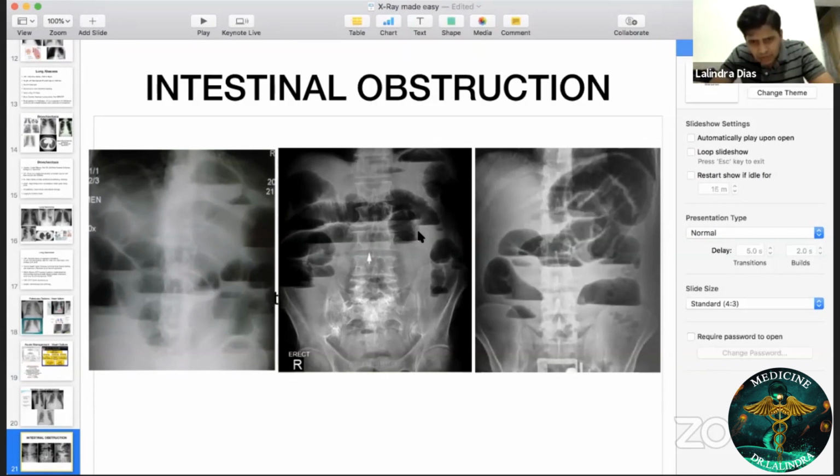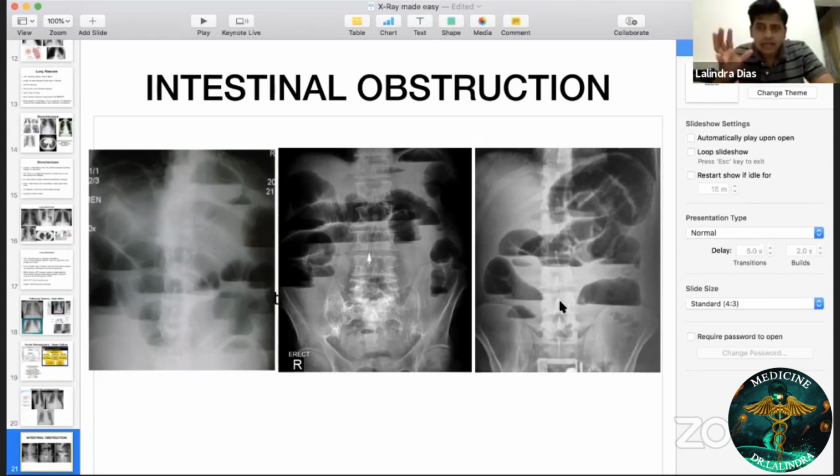Fluid level is always flat. Here you can see multiple air fluid levels. Here also you can see multiple air fluid levels. And this third X-ray, another beautiful abdominal X-ray showing multiple air fluid levels. Air, and see this fluid level is fully flat.